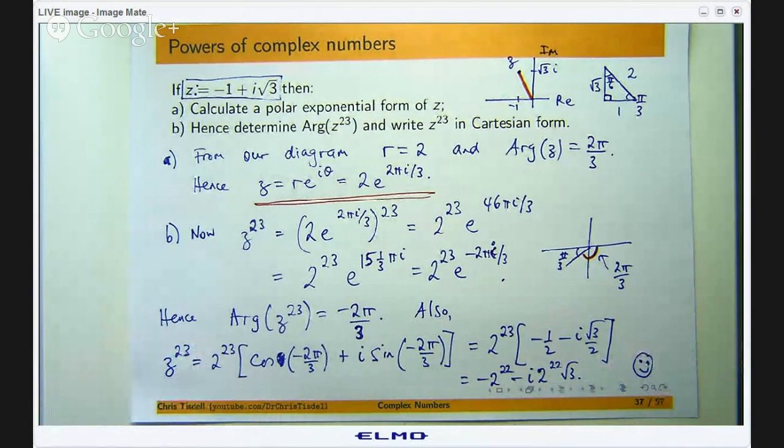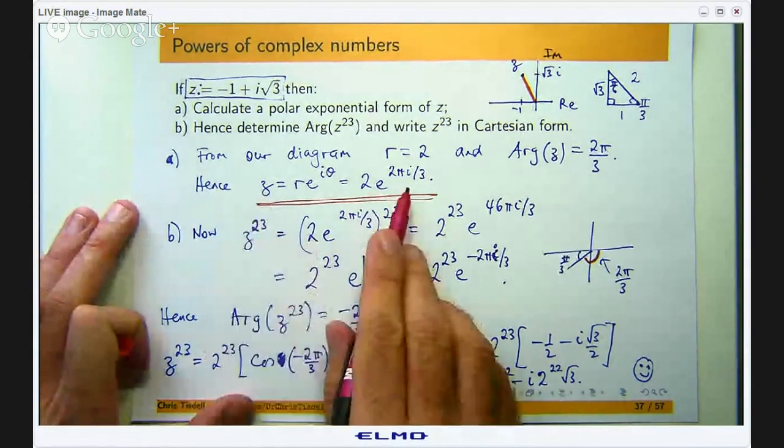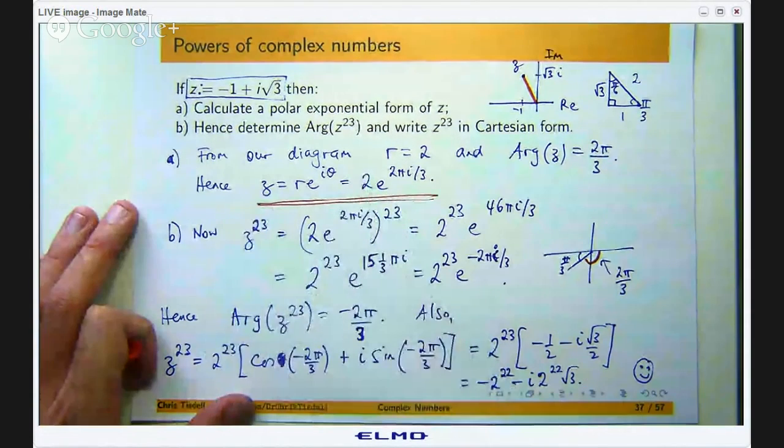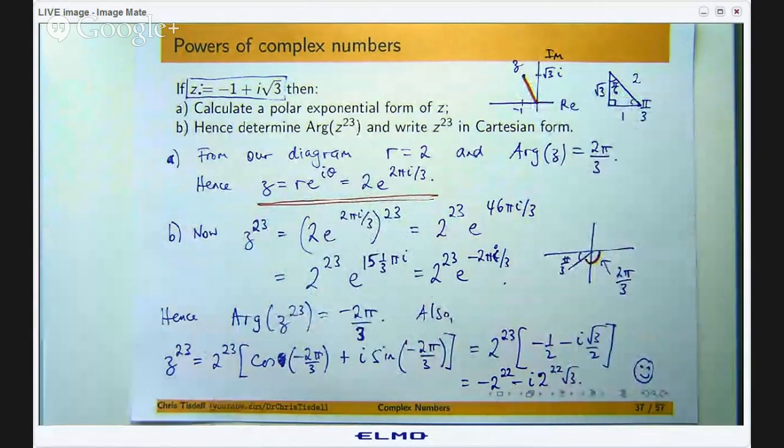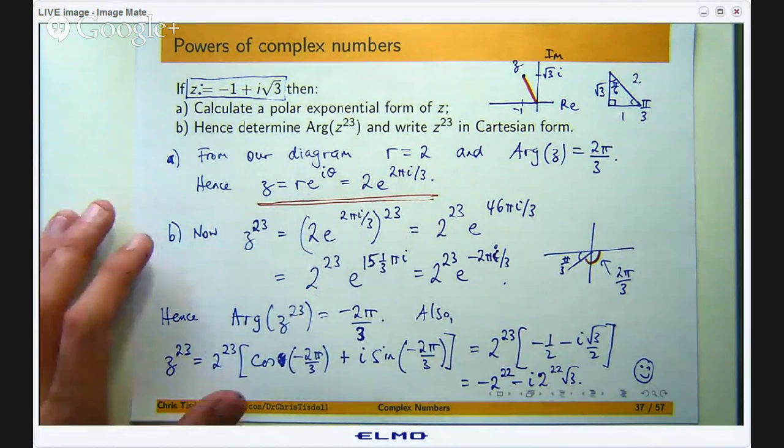All right, so let's recap. There's the polar form of our complex number z. All we did was draw a diagram. That would be my suggestion to you for these kinds of problems. Draw a diagram first, and then you might not have to do any calculations.